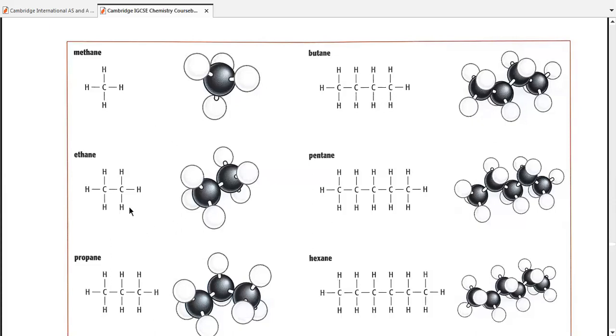Then comes ethane, C2H6, in which there are 2 carbon atoms in the center and there are 6 hydrogen atoms on the side. In this case, what's different from methane is that it has 1 more carbon atom, which is singly bonded to the other carbon atom, as you can see over here in the structure. Okay, just a minute. I'm going to use the spotlight in order to make sure that you understand it.